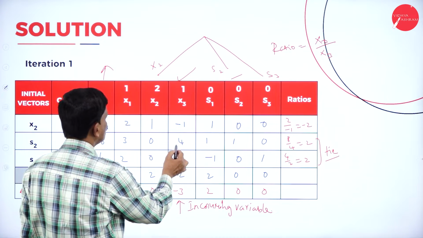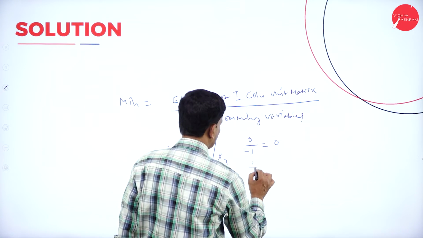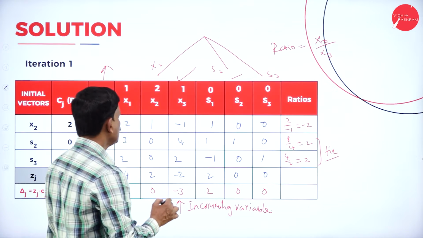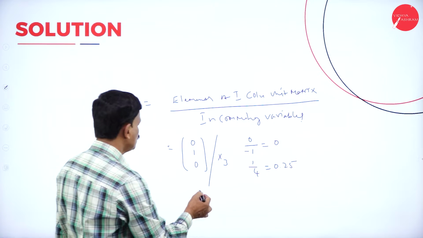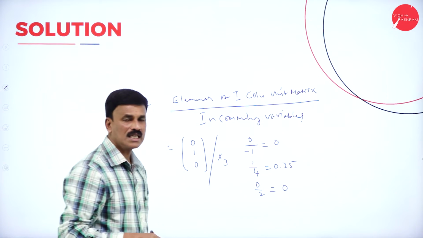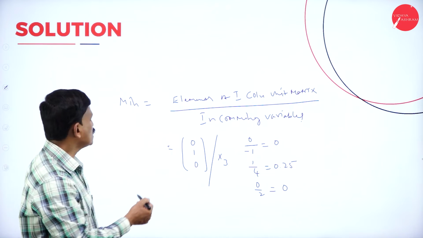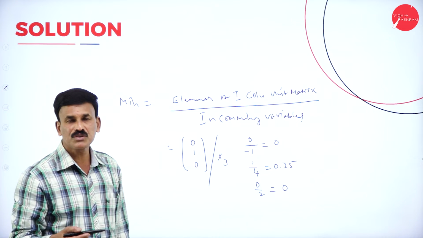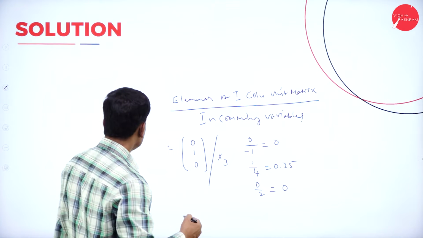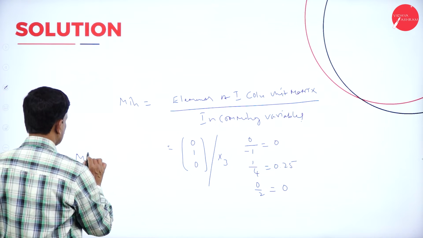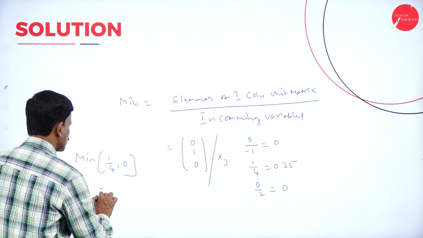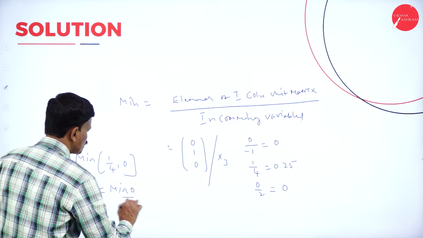Again 1 divided by 4 is equal to 0.25. Next element, 0 divided by 2 is 0. So there are again 2 zeros in this column, therefore we have to go to the next step. If this process is repeated, the minimum value we get is the minimum of 1 by 4 and 0. Here the minimum value is equal to 0.